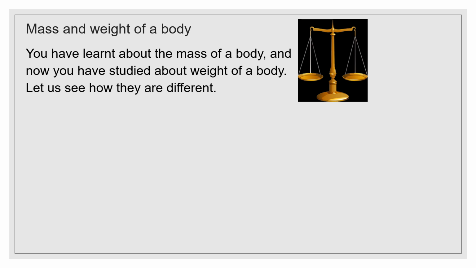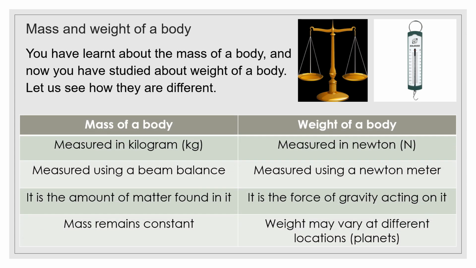This instrument is a beam balance, whereas this one is a spring balance. But they don't measure the same thing. The beam balance measures the mass of a body, whereas the spring balance measures the weight of a body. So mass and weight are different.